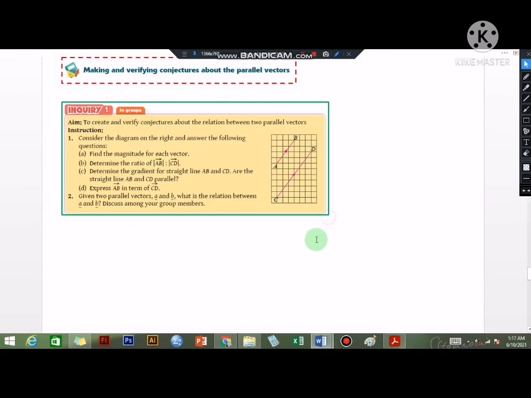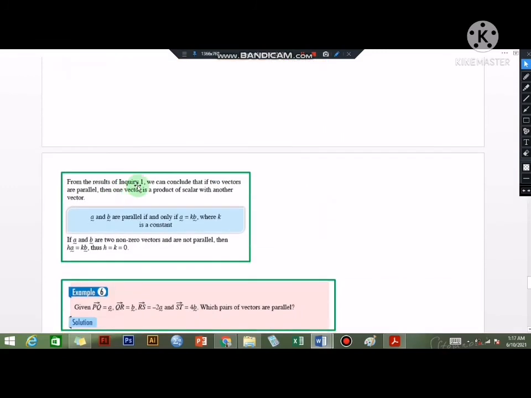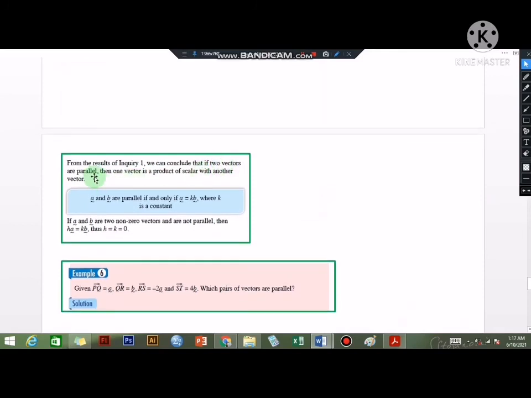From the result of inquiry 1, we can conclude that if two vectors are parallel, then one vector is the product of a scalar with another vector. As we did just now, vector AB is equal to 1 over 2 vector CD. So if two vectors are parallel, one vector is the product of a scalar with another vector.